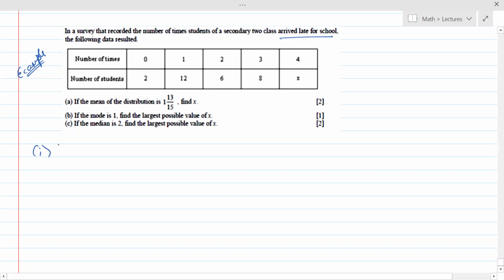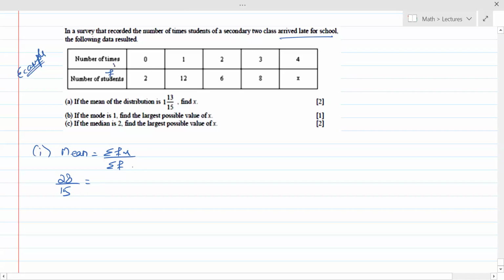So mean here is summation fx upon summation f. Mean is given as 1 whole 13 upon 15. If you convert this into a fraction, it would give us 28 upon 15. So we are writing it directly, 28 upon 15. Summation fx, you keep on multiplying f and x.